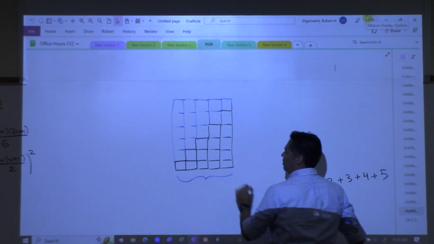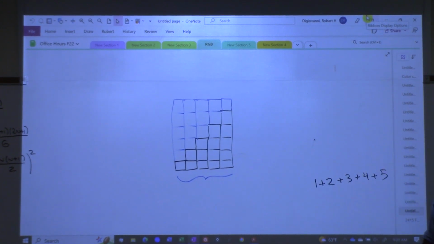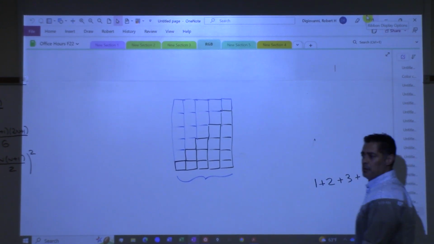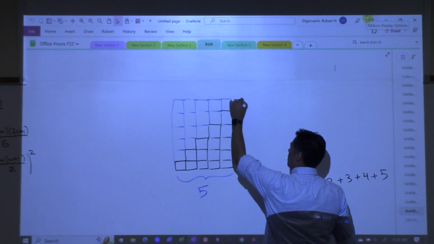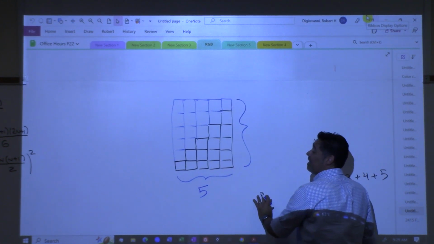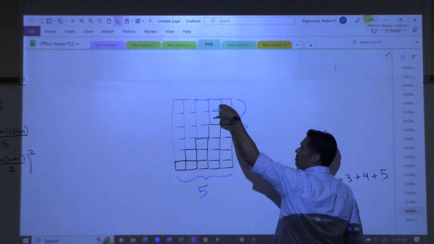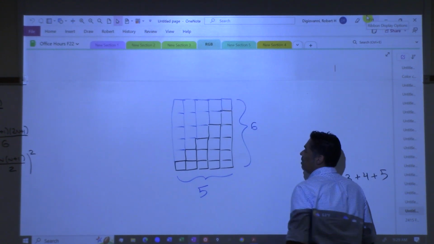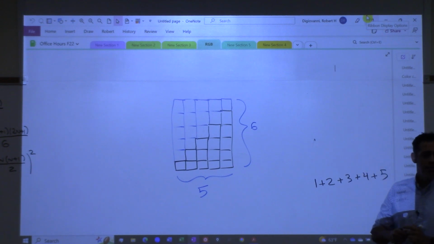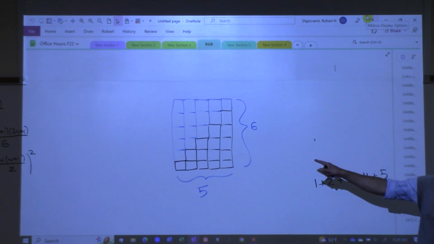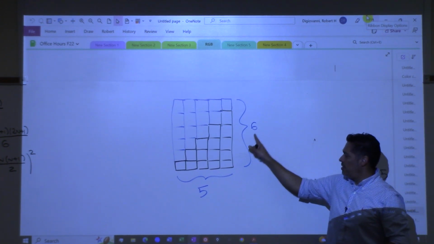How wide is this? 5, right? How tall is this? 6, right? 1 more than what I started with, right? This was 5, but I turned it over and pasted, so that's 6. So how many squares are there total? Total squares? 30, right? 6 times 5 is 30.